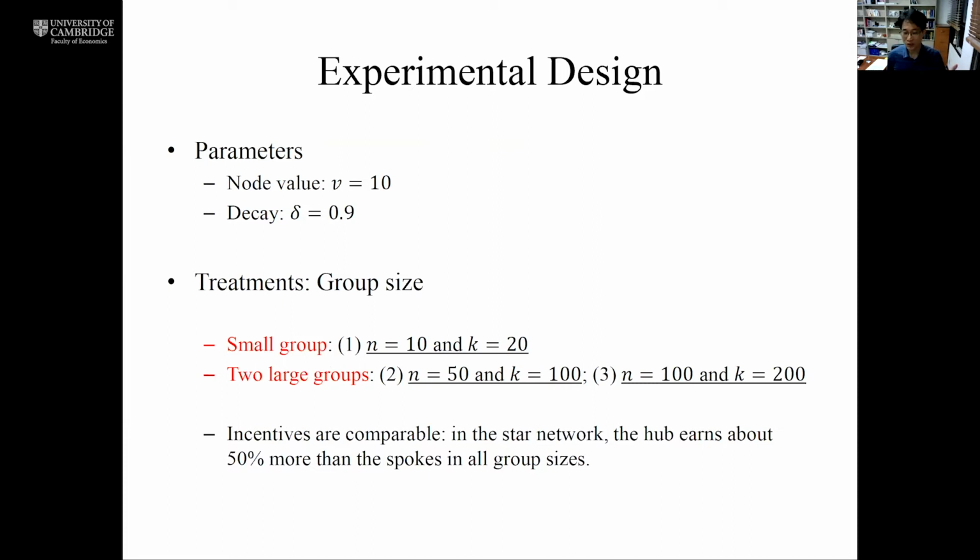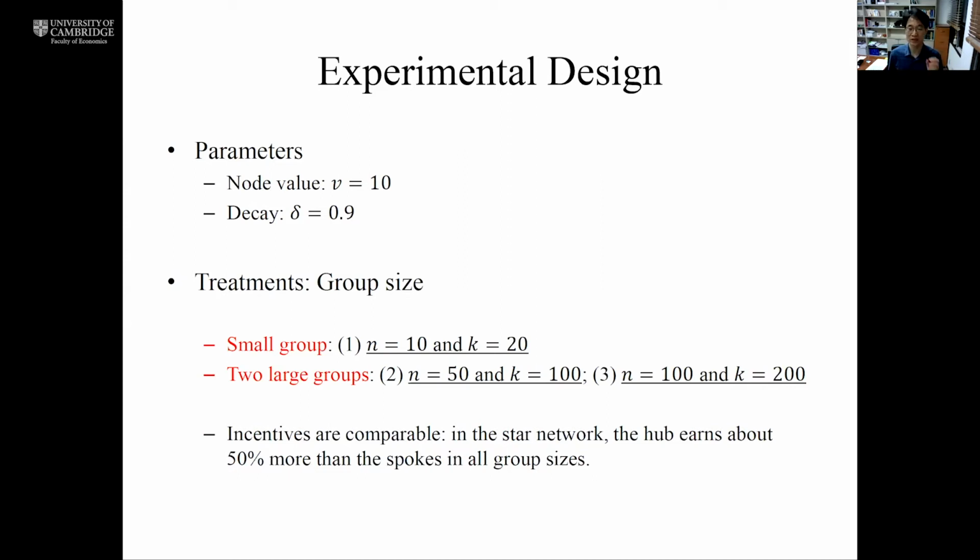When we increase the group size, the value of cost is very critical in forming the economic incentive in this experiment. So we adjust the cost of linking by making n divided by k constant at a half, as you can see.